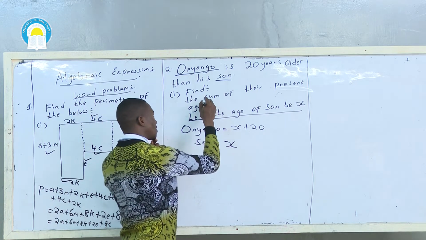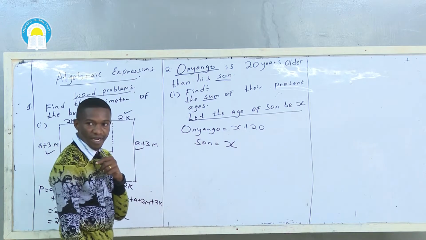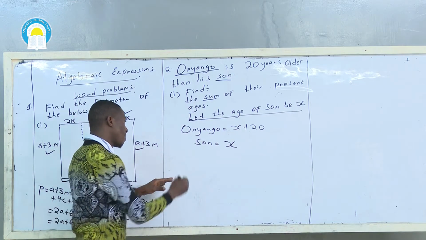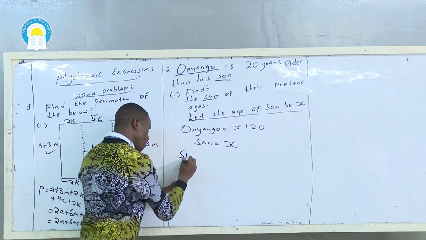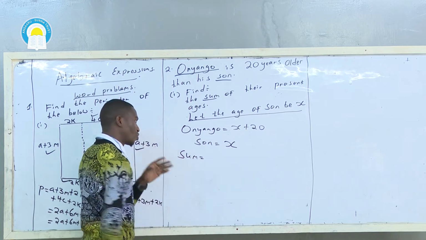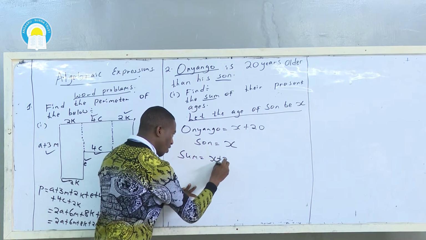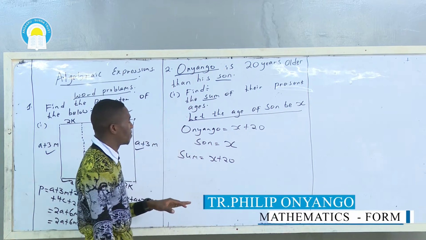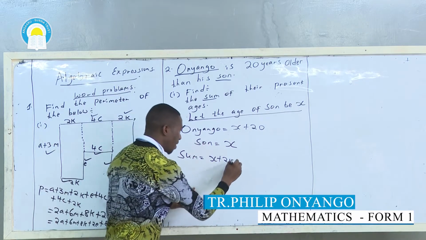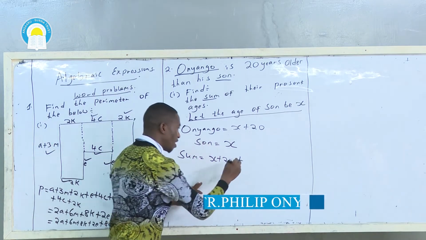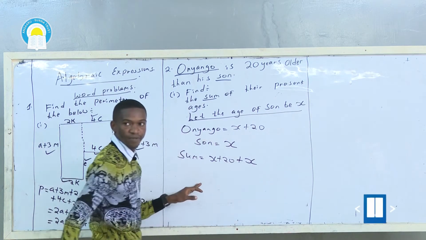I will underline the word sum. Sum means addition. So the sum of their ages will equal Onyango, which is x plus 20, plus the age of the son, which is x.